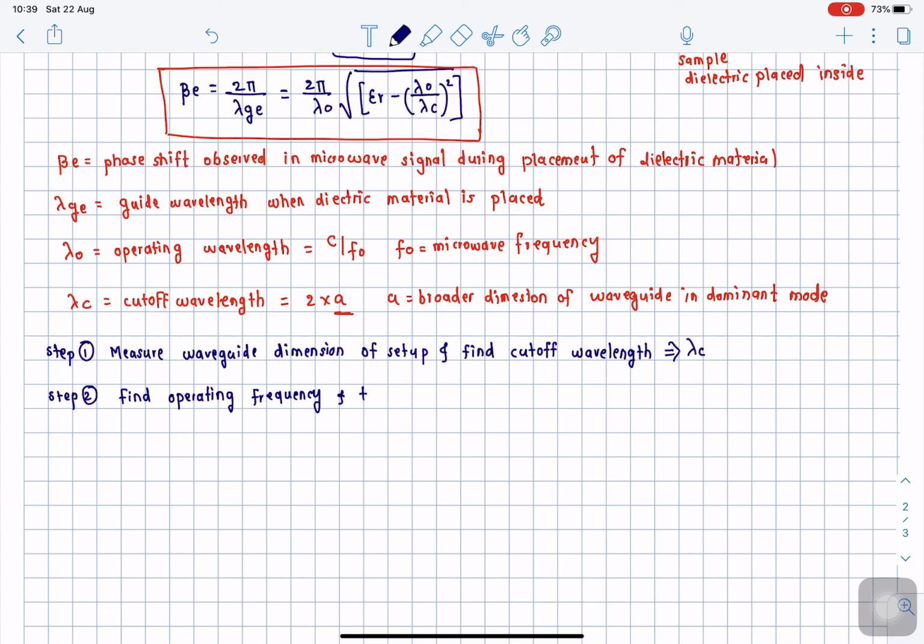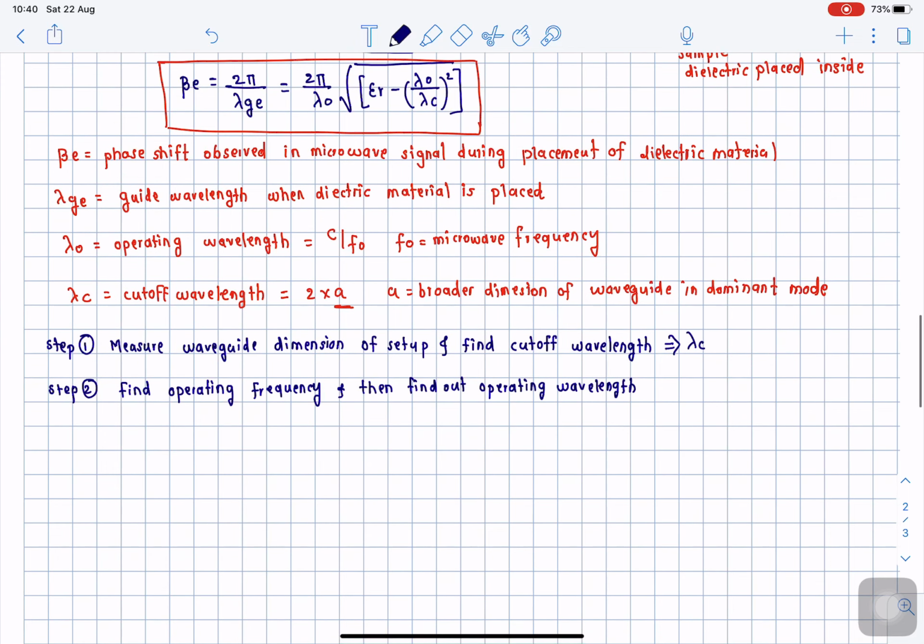Then find out the operating wavelength. Once we know the operating frequency, we can find the operating wavelength, which is given by lambda 0. Now the next procedure is very important.